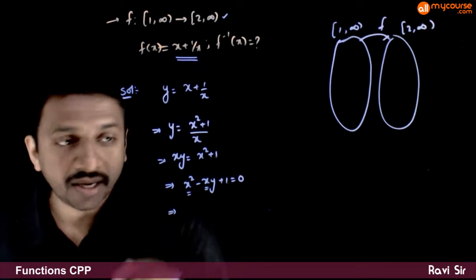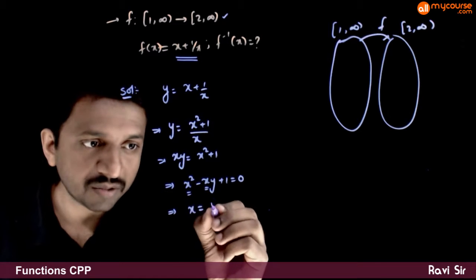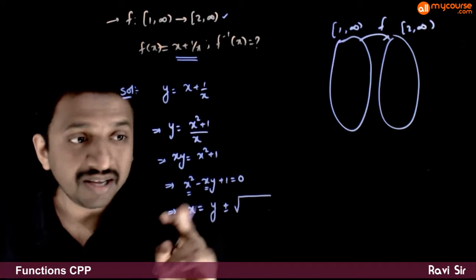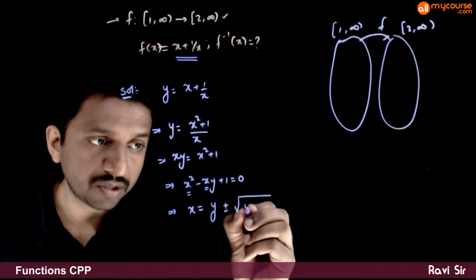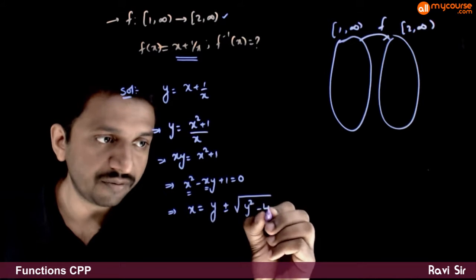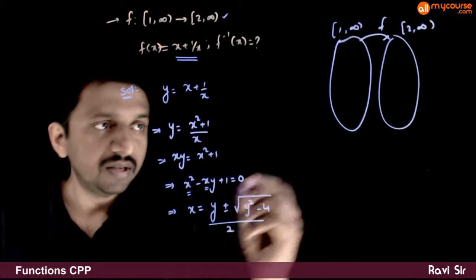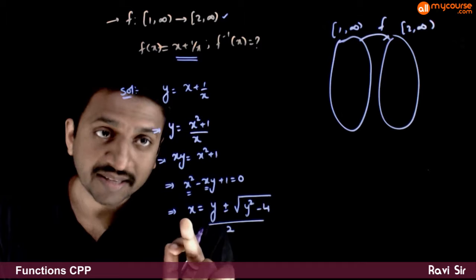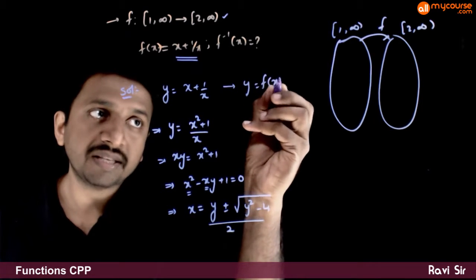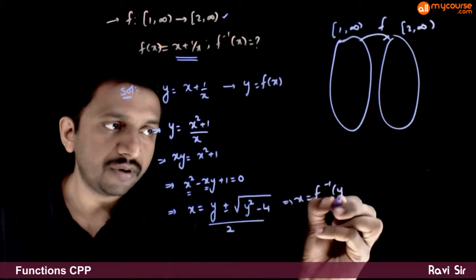So how do we solve the quadratic in x? x is equal to minus b, that is minus of minus y is plus y, plus minus root of b square, that is minus y whole square is y square, minus 4ac is 4, divided by 2a is 2. Whatever is x, if y is equal to some function of x, then x will be equal to f inverse of y, right?